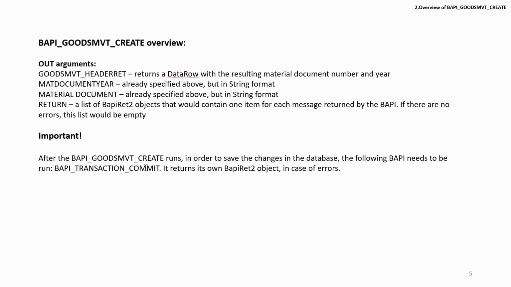So either you have to run this BAPI after the goods movement create BAPI to save or commit the changes to the database, or I've just read online that there is also some OSS note that could be implemented. But in my case, this worked perfectly. So I just ran the BAPI goods movement create and then the BAPI transaction commit, and that saved the data that the BAPI was trying to post.